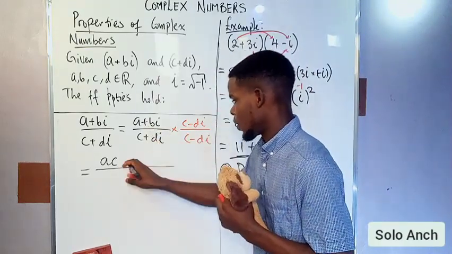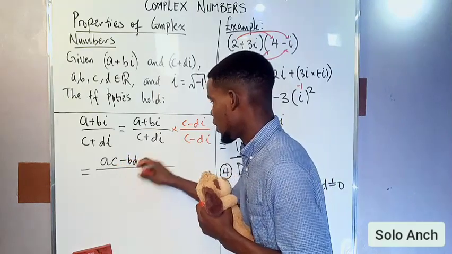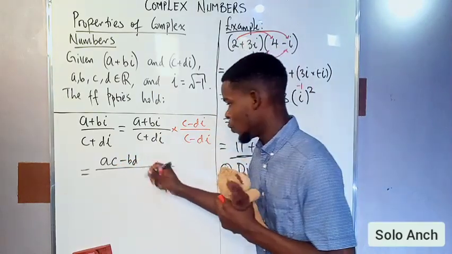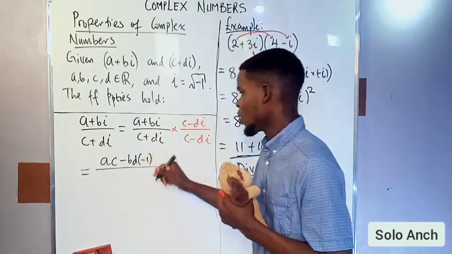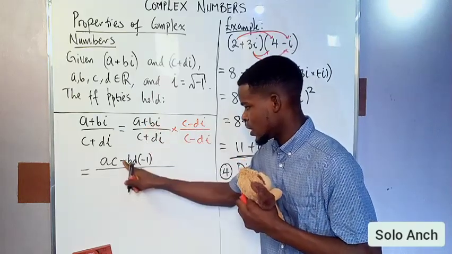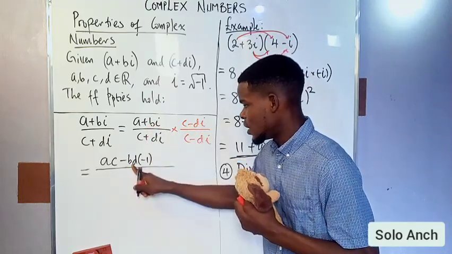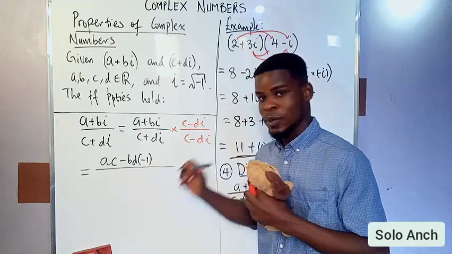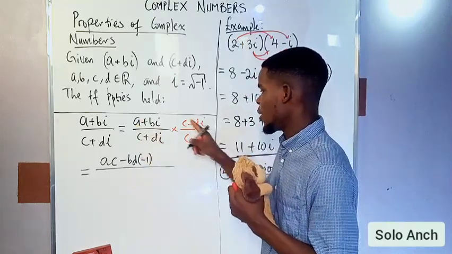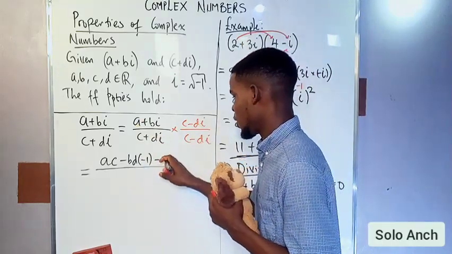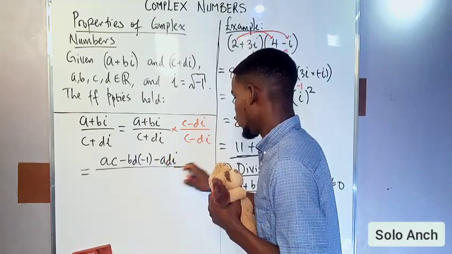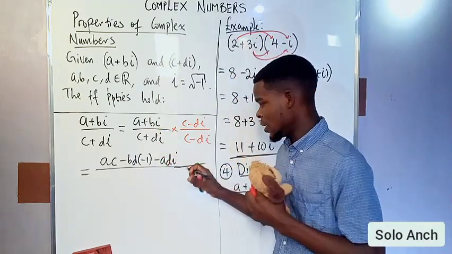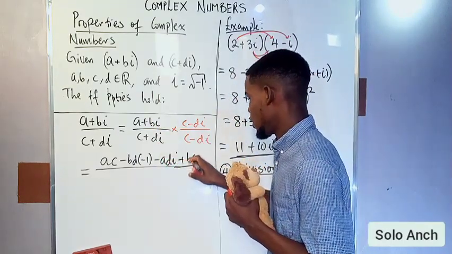Let me take it bit by bit. bd. Then i times i will give us negative 1, so you keep that in mind. The positive times negative is negative, b times d is bd, then i times i is negative 1. Then we multiply a with negative di. That will be negative adi. And then we also multiply bi with c. That will be positive bci.